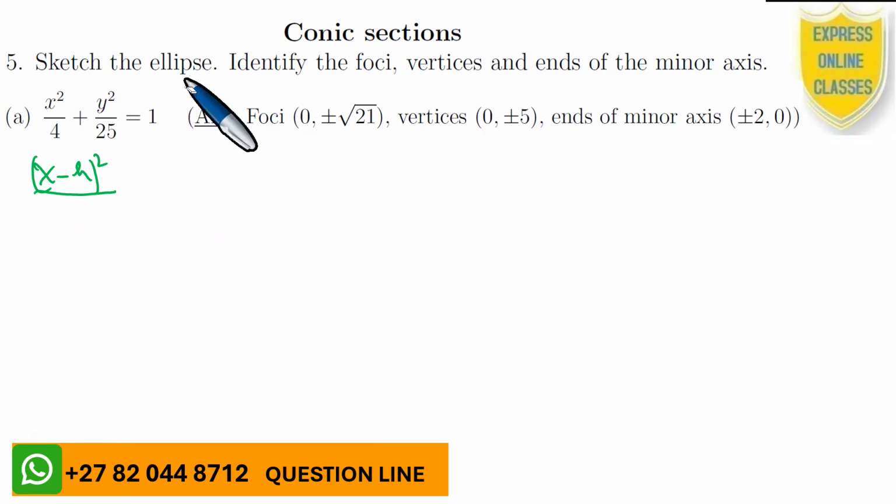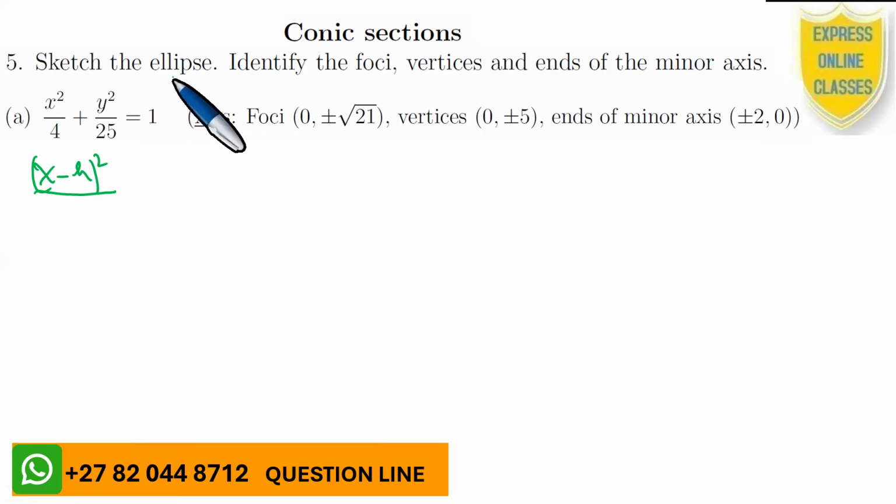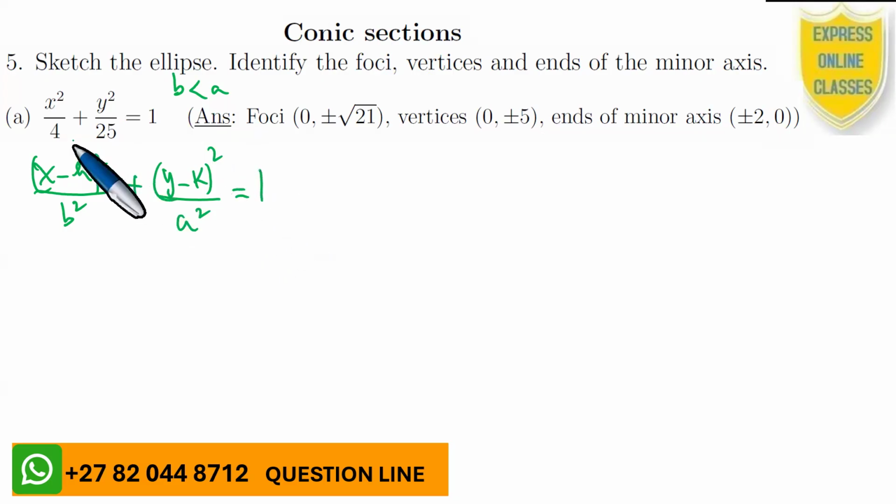So a is always the biggest one. In this case, 25 is big. So which means that here you're going to have the b squared, and then the y minus k squared, you divide by the biggest one, which is the a one. So this is the formula we're going to use.